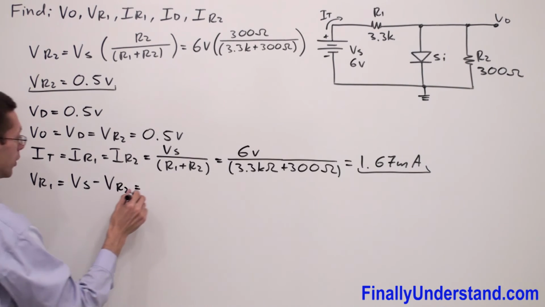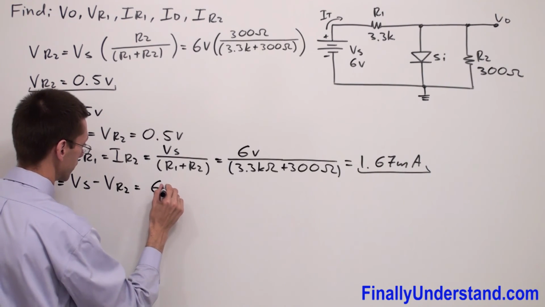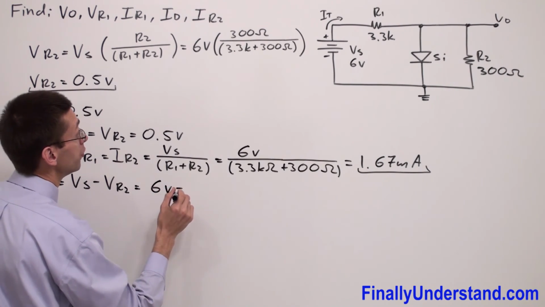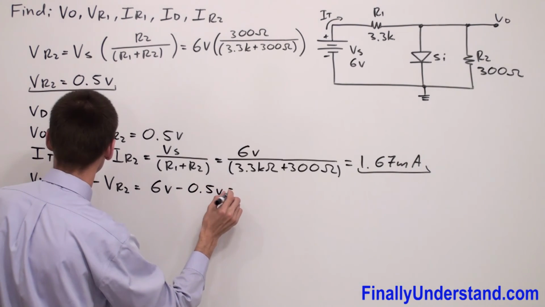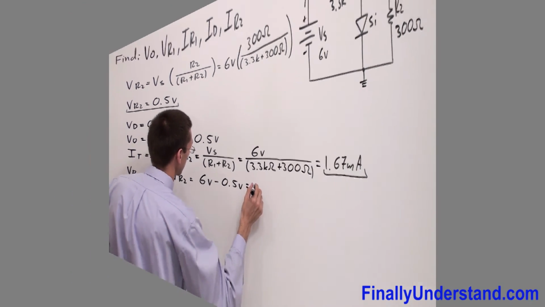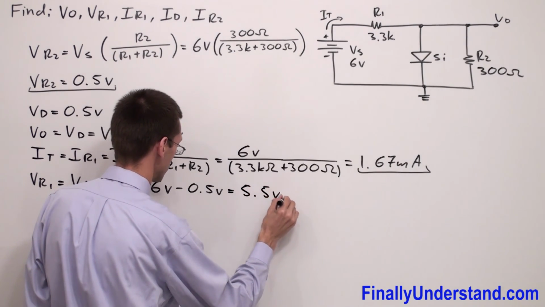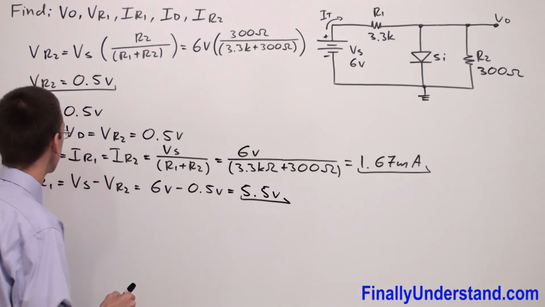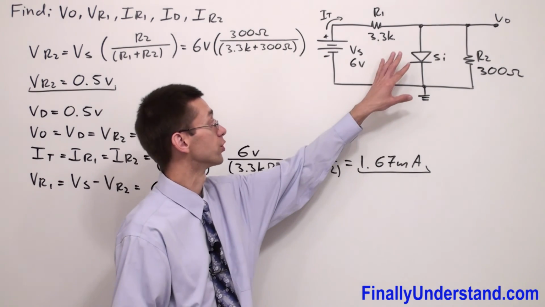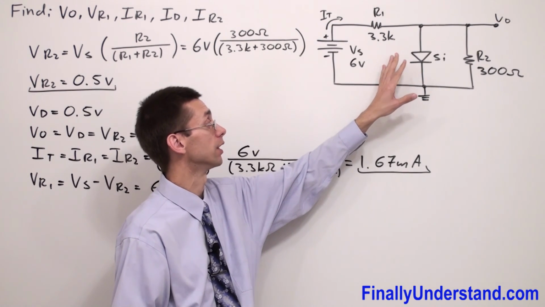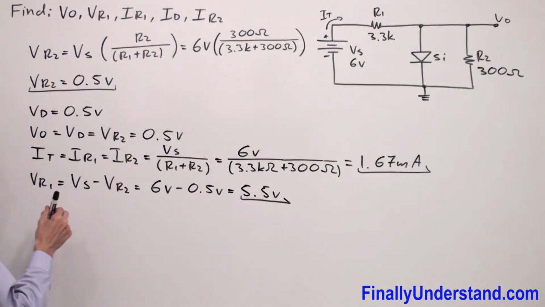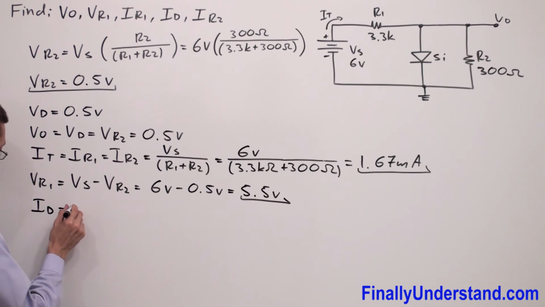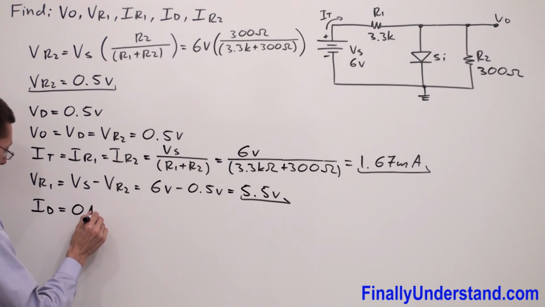The voltage source is 6 volts minus VR2, which we found is 0.5 volts. So VR1 is equal to 5.5 volts. We said that current is not going to see the diode, so the diode is behaving like an open circuit. So if the problem is asking you for ID, because this is an open circuit, ID is equal to 0 amps.